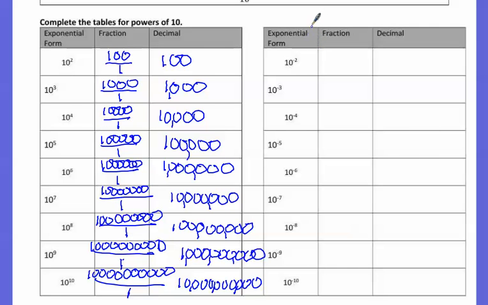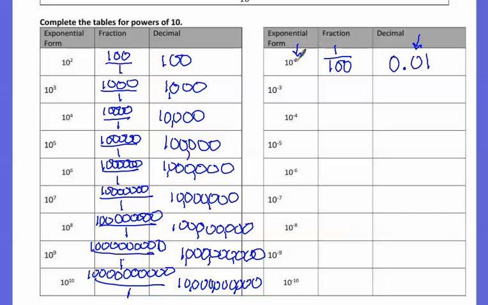Let's look at exponential form with a negative exponent. Negative exponents will make this into a fraction of 1 over 100. This will give you a decimal of 1/100ths. There's always one less zero in the decimal than the given exponent.